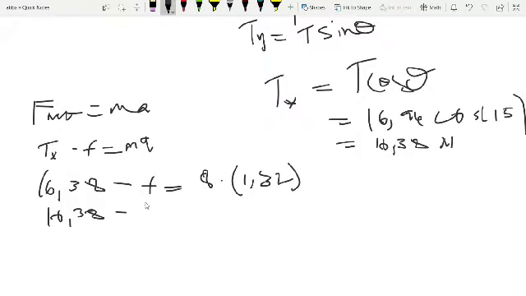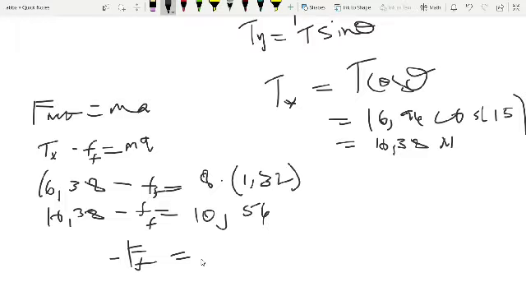Now let's see, 16.38 minus friction equals 8 multiplied by 1.32. How much do we get? 10.56, right? Now that means that friction, or negative friction, right, let's put another F here because I'm used to putting another F, will be what? 10.56 subtracted by 16.38.